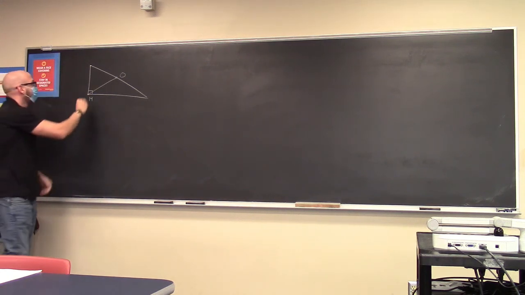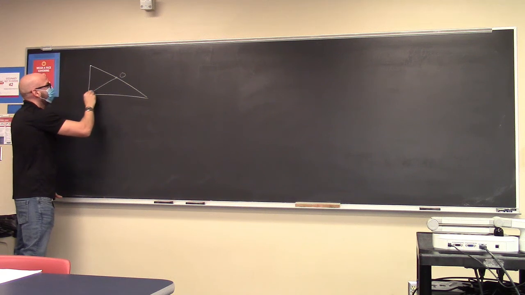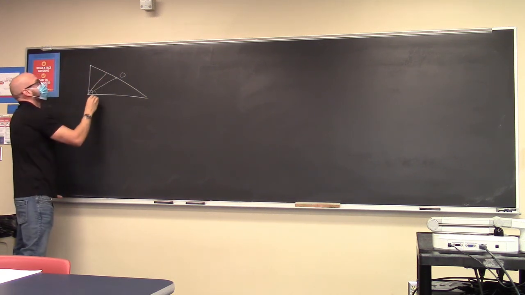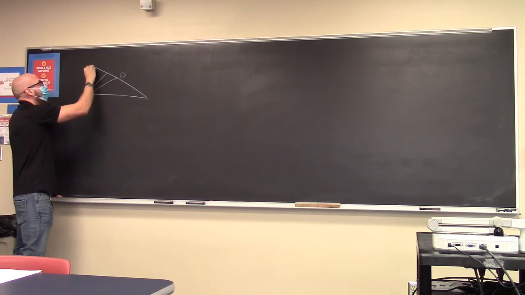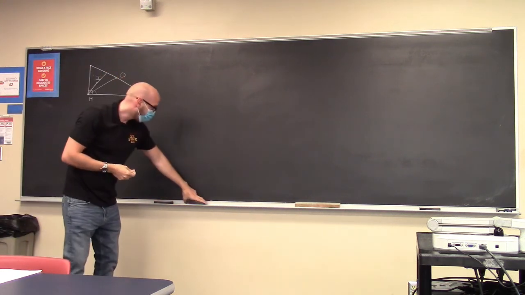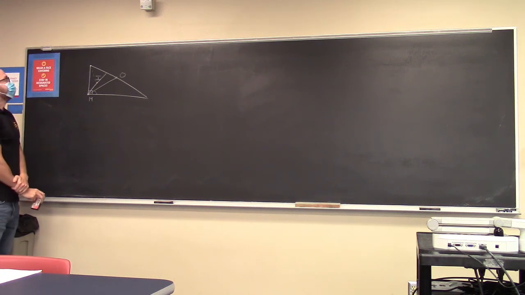In-center I has to lie on the angle bisector from this right angle, and the angle bisector would be 45 degrees. This is obviously less than 45 degrees, something like that. So I is somewhere along that line, which is not on the Euler line. So there's a very easy counterexample of the in-center not lying on the Euler line.